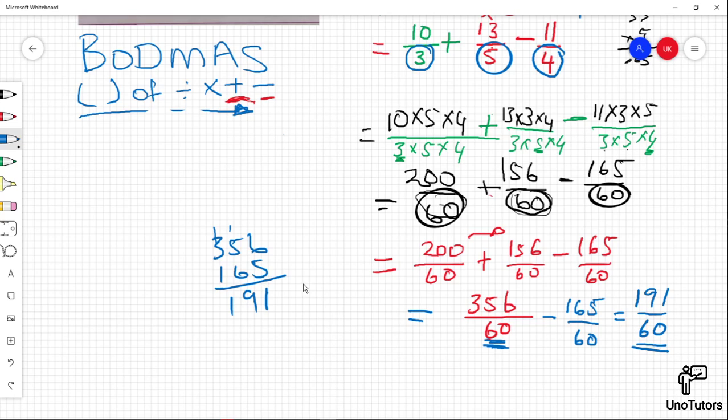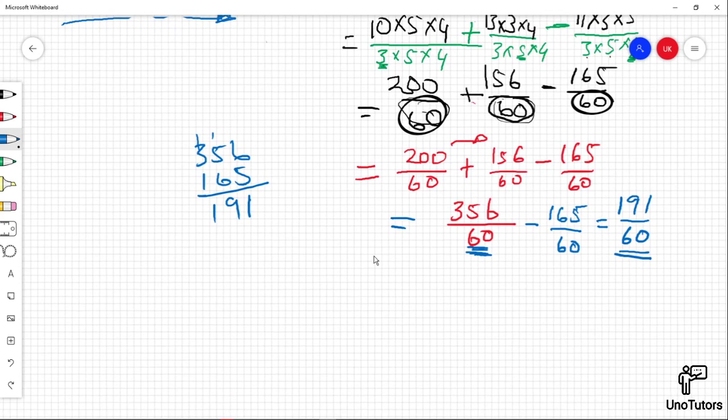Okay, let's move the page up again. That would be our answer. So let's write down our answer again. 191 over 60, and then if you want, you can leave it in a mixed fraction form, which you then just take the 60 goes into that. How many times?